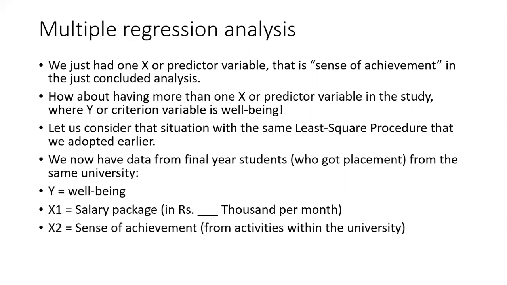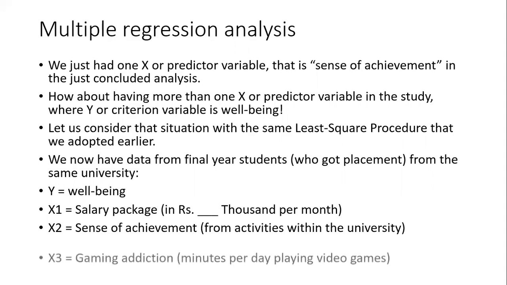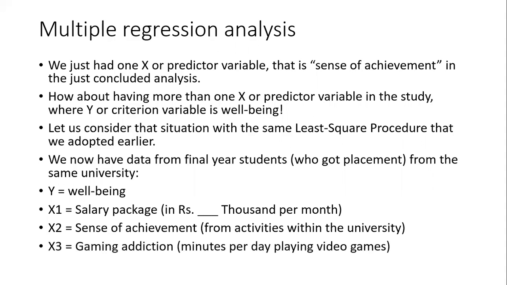Then X2 is sense of achievement from activities within the university, as we noticed in the previous example of the regression model with two variables, one predictor, one criterion. And then X3 is gaming addiction, which some of these university students might be going into. We'll be calculating that with the help of minutes per day of playing video games. So that would be X3, gaming addiction.